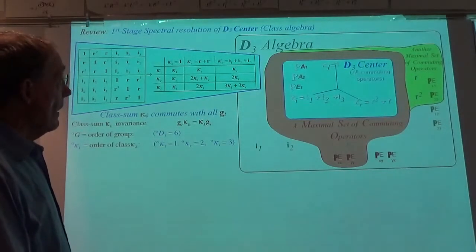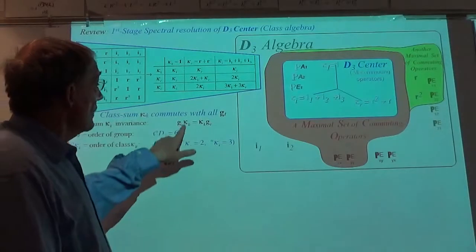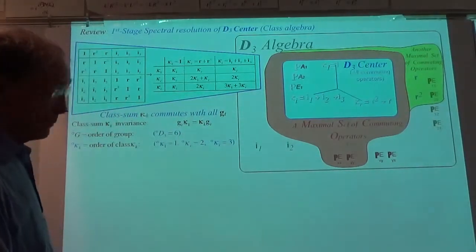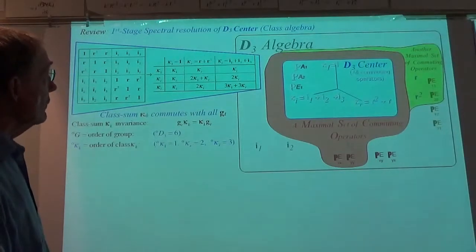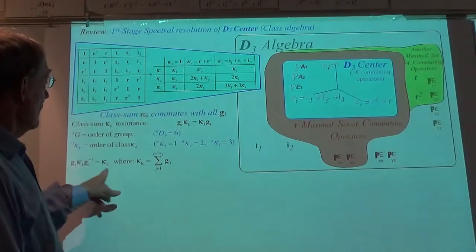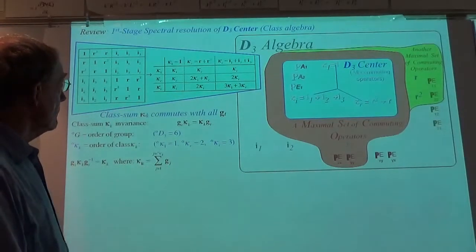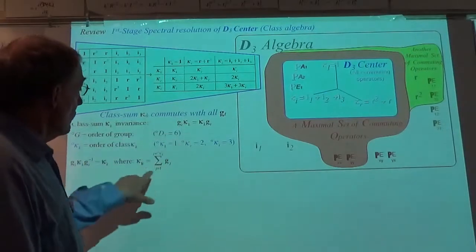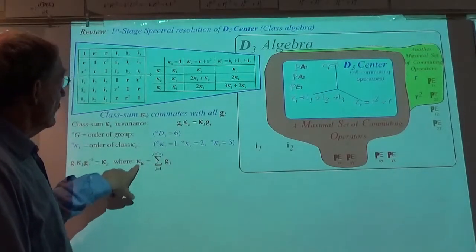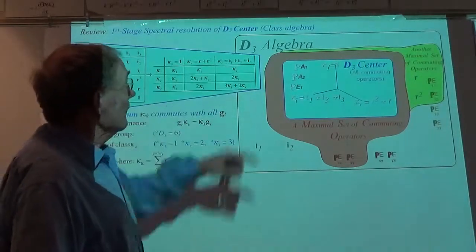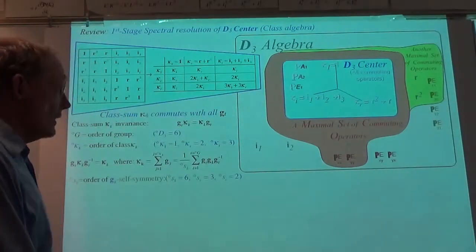Now, these classes commute with everything that's here in this group. Everything, and it's every linear combination of everything. So it makes sense to consider, when we're talking about a class sum, we really mean the sum of the group operators in that class. That's taking you outside.